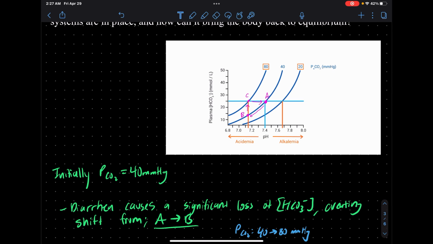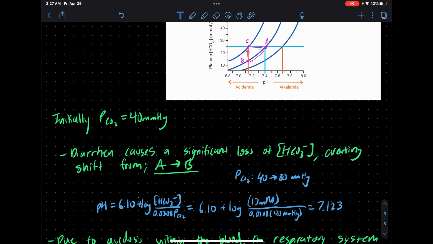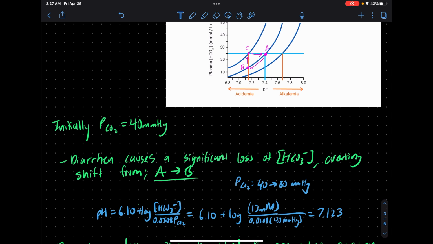And diarrhea causes a significant loss of bicarbonate ions, which create a shift from A to B. We can quantify this change in pH using our equation: pH equals 6.10 plus log of concentration HCO3 minus over 0.0308 times partial pressure of CO2. Plugging in the values we have at B, we get a pH of around 7.123, which is very acidic.